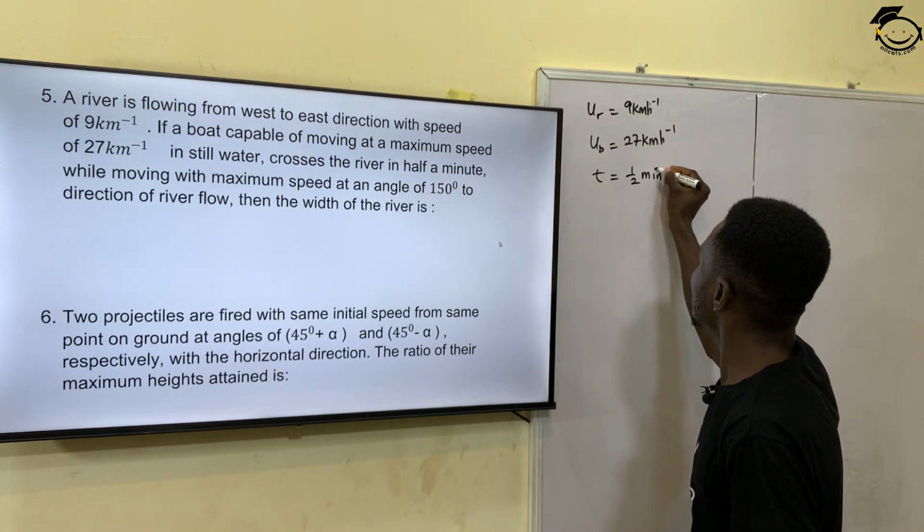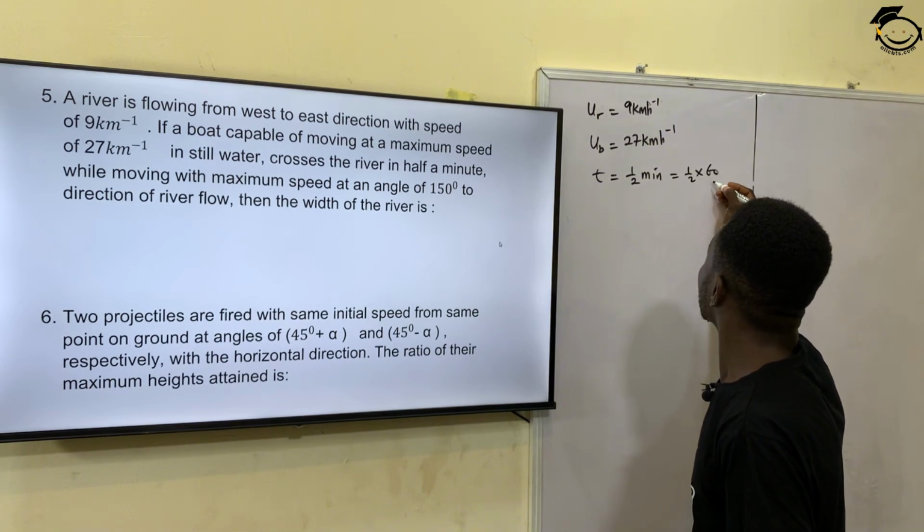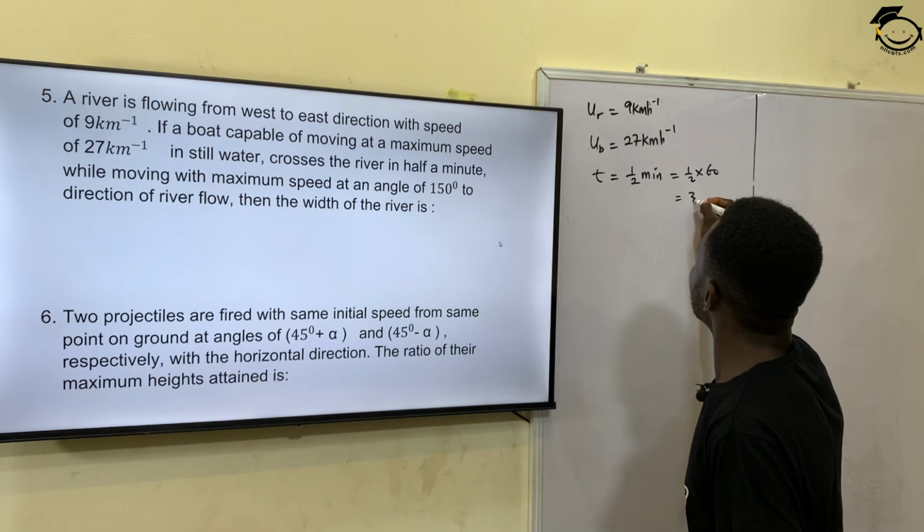Half a minute is the same thing as saying I have 1 over 2 times 60, and that will give me 30 seconds.